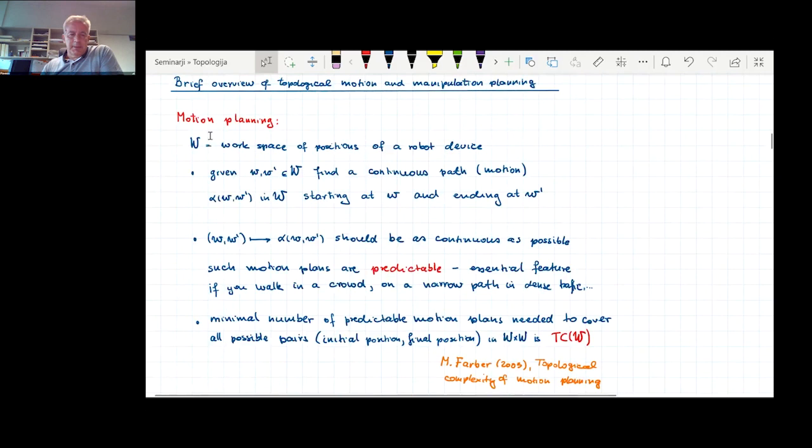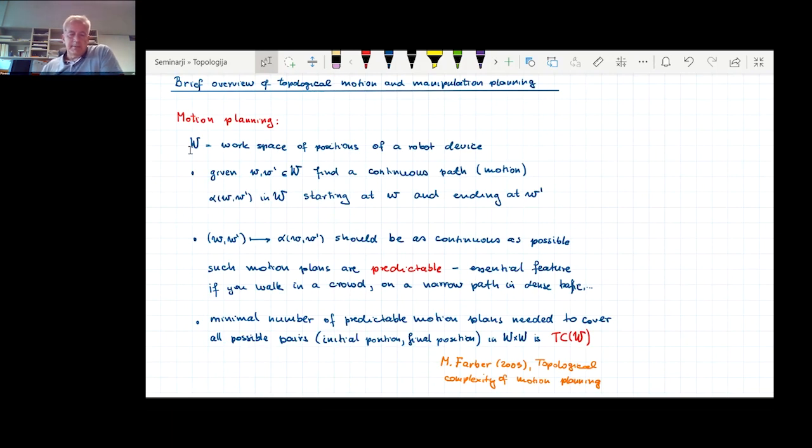So first of all, let me denote by this W the workspace of all positions of a robot device. And this can be just positions, or it may include also orientation of a robot, whatever is important for the activity, for the functioning of the robot.